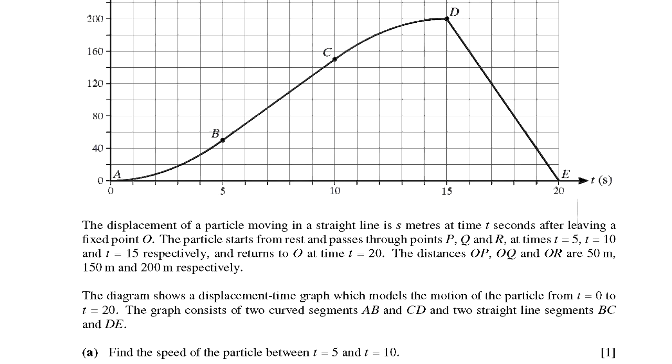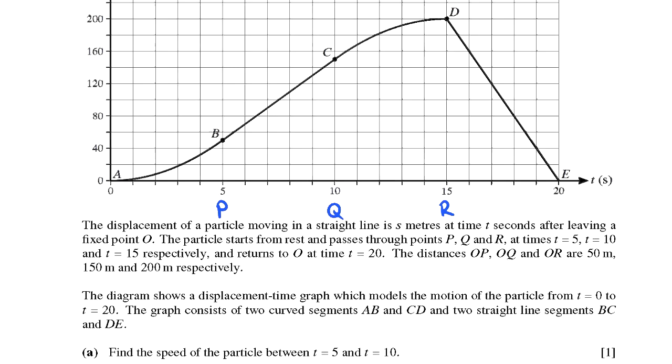It passes through the points P, Q, and R at time t is 5, t is 10, and t is 15. So on its journey, at 5 seconds it's at P, at 10 seconds it's at Q, and at 15 seconds it is at R, and then it returns from the journey back to O. The distances OP, OQ, and OR are 50, 150, and 200 meters.